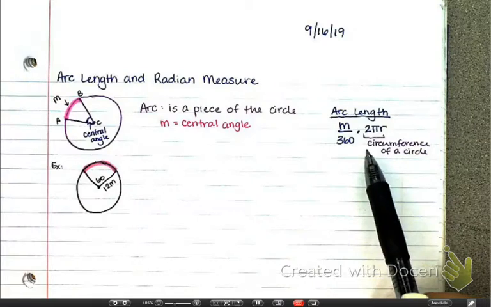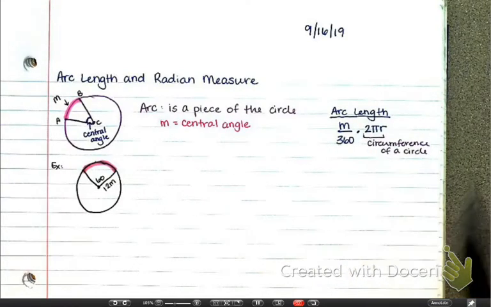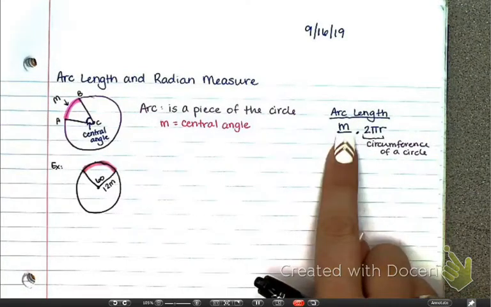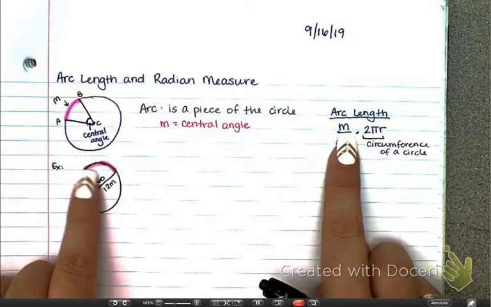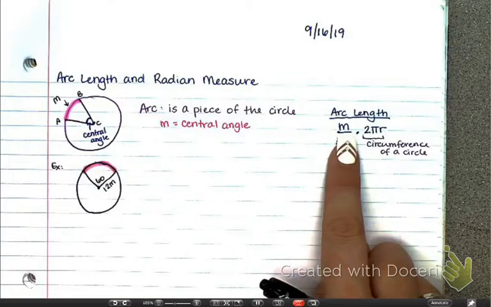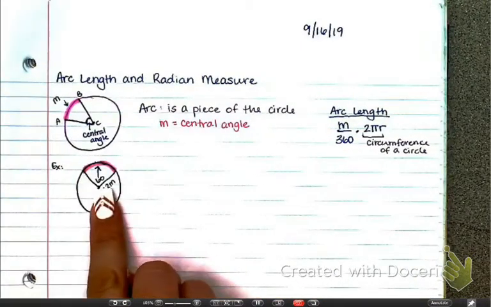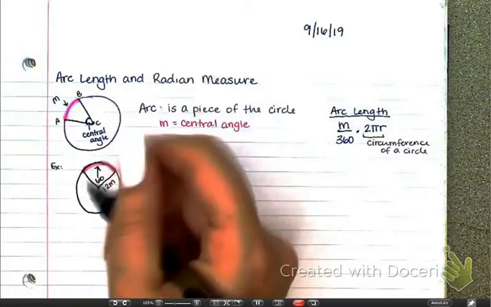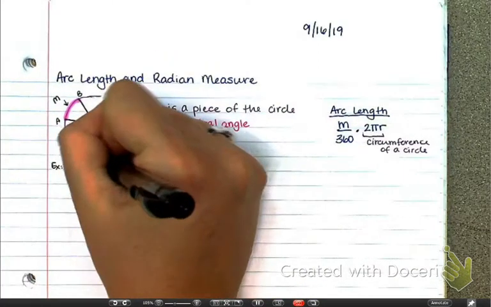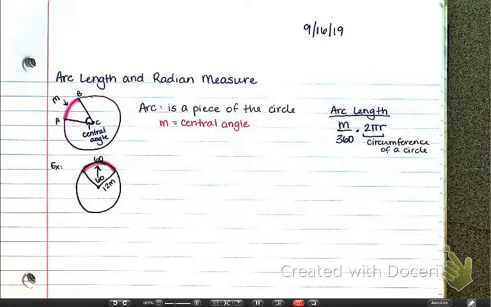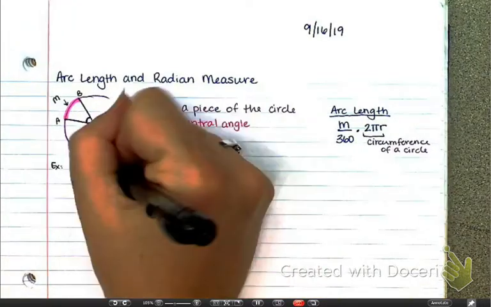Where can I put a number in this formula? The m, which is the measure of the arc. Do I know what the measure of that arc is? Remember that the central angle and the arc are exactly the same. So if the central angle is 60, the arc is 60. Okay, so that's my m.